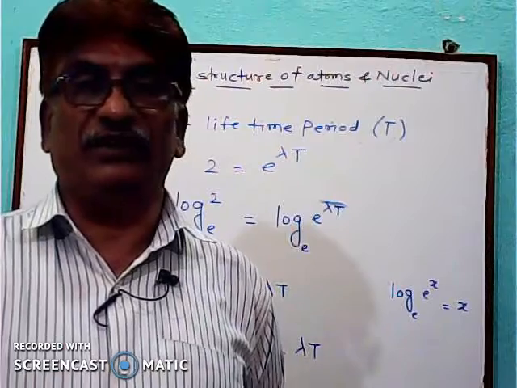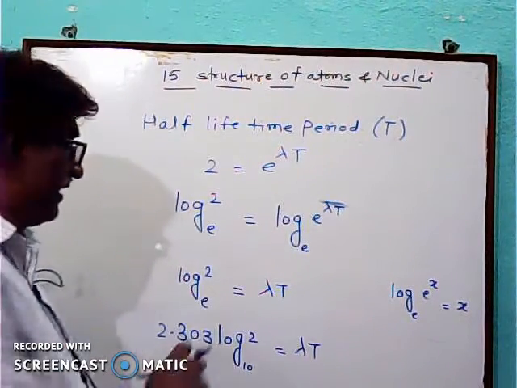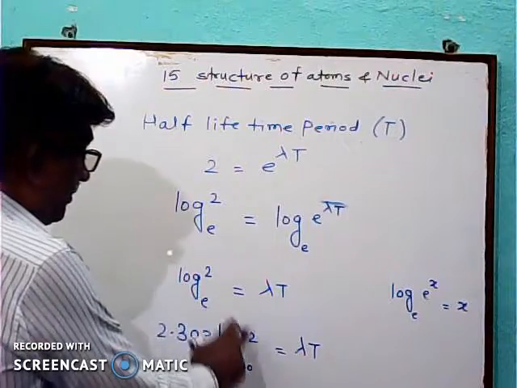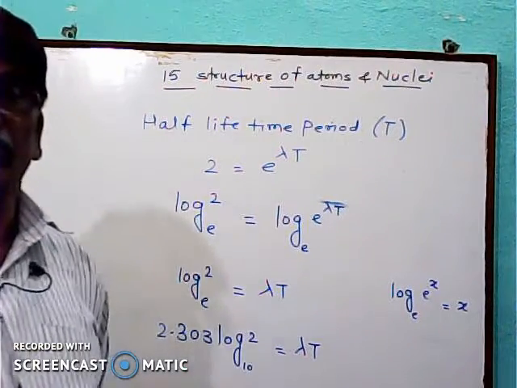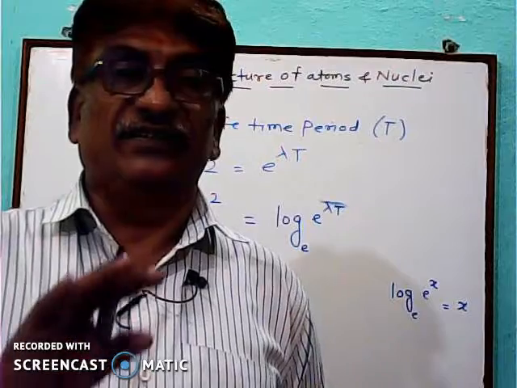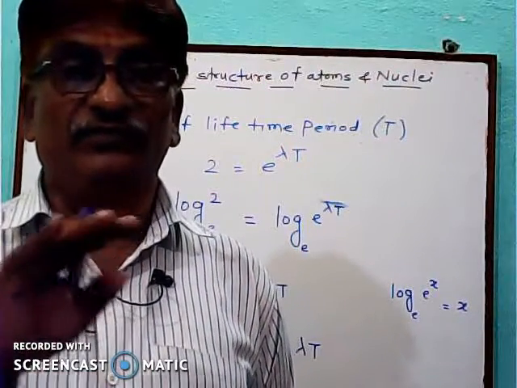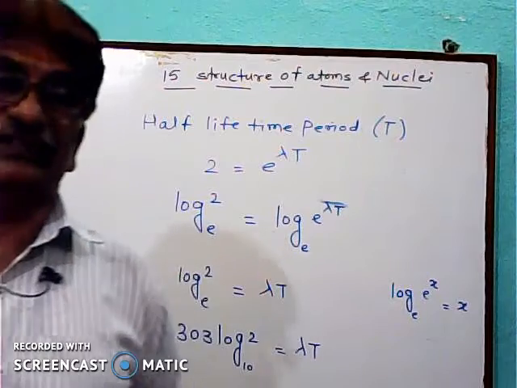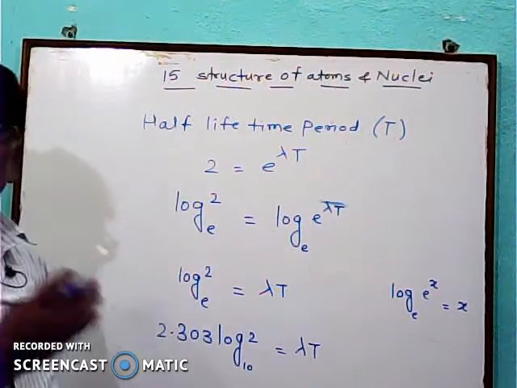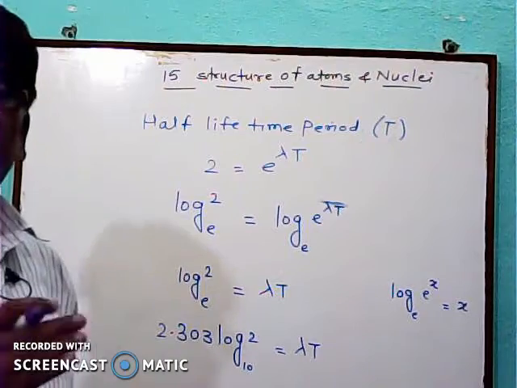Another question will arise in our mind: why can we change the base e to 10? Because in logarithm we use the values from 10, so their base will be 10. So we can convert base e to base 10.